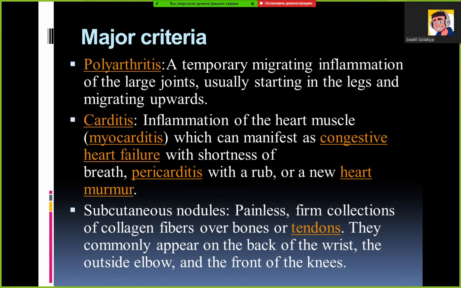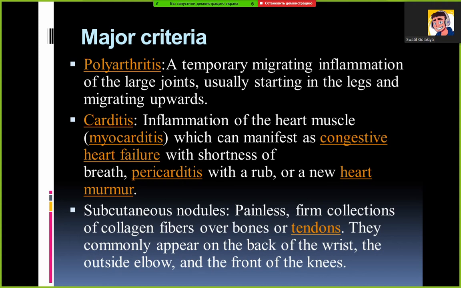So major Jones criteria are polyarthritis, a temporary migrating inflammation of the large joints, carditis, myocarditis, endocarditis, or pericarditis, which may be accompanied by congestive heart failure.